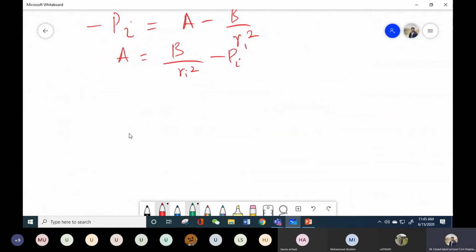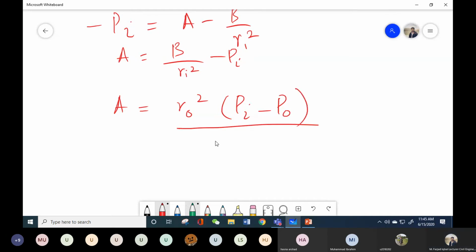So by substituting the value of b, we will have r naught square pi minus p naught over r naught square minus ri square. Obviously, over here we have ri square and over here we have ri square, so they will be cancelled out, minus pi.